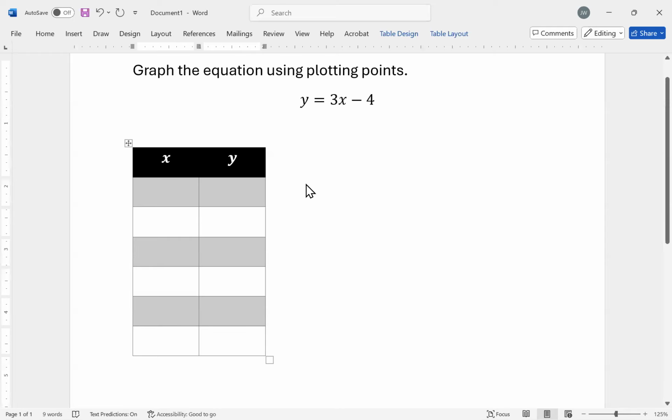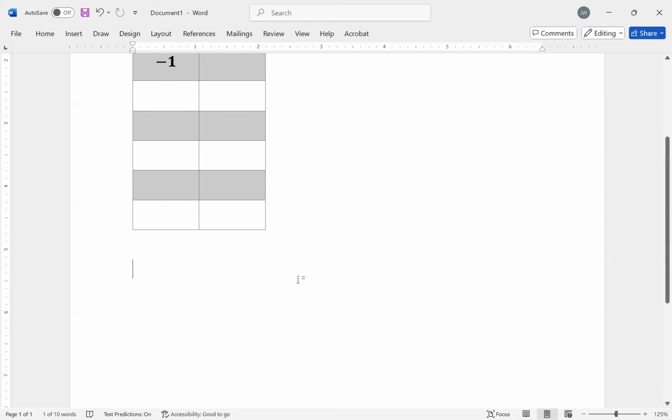So what most people do is they start out by drawing a table with X values and corresponding Y values. And what we're going to do is plug in just some numbers for X. So maybe I plug in the number -1 for X. What I do is I replace this X with a -1.